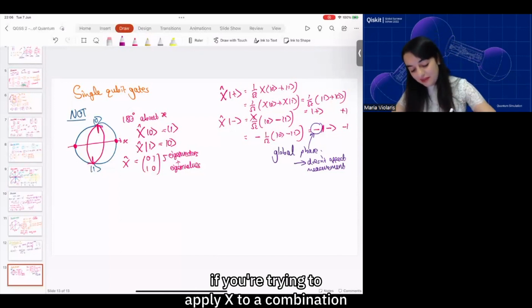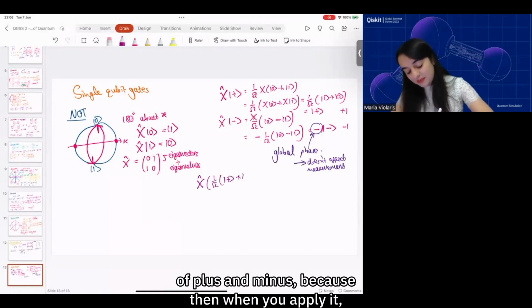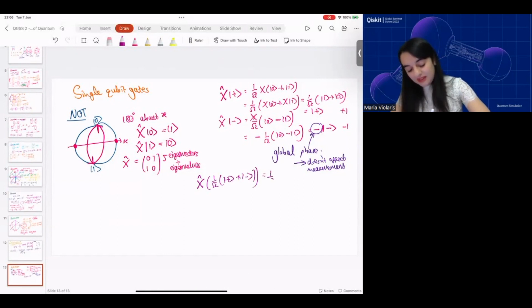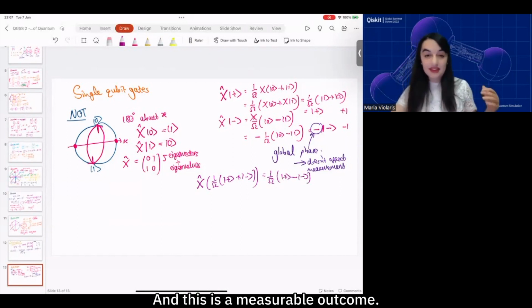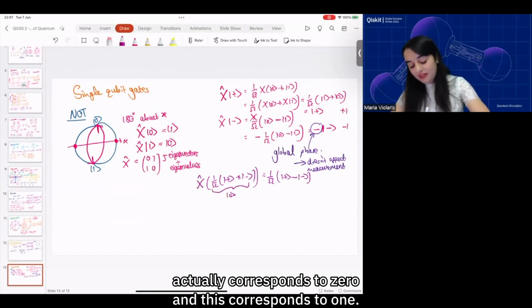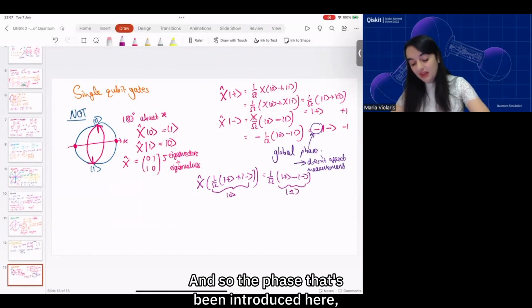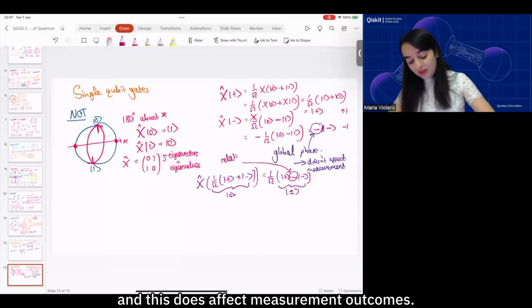It does matter if you're trying to apply X to a combination of plus and minus, because then when you apply it, you'll get 1/√2 plus minus minus, and this is a measurable outcome. It's a measurable difference, because this state actually corresponds to 0 and this corresponds to 1. And so the phase that's been introduced here, we call a relative phase, and this does affect measurement outcomes.